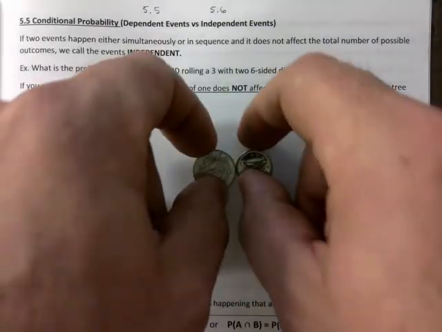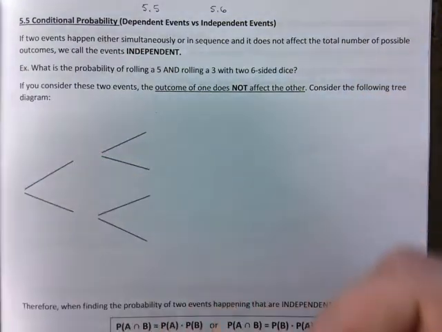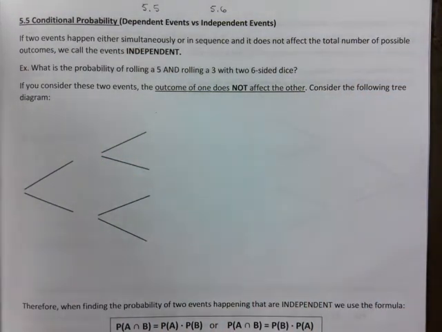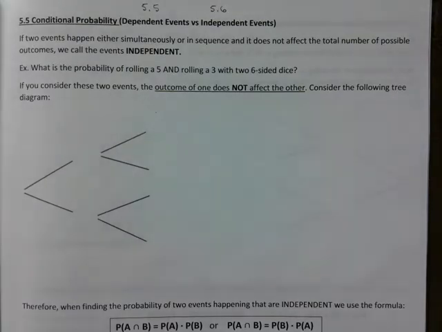Dependent events: I don't have a deck of cards on me, but if you're thinking of marbles or cards in a deck, if you take one out, like if I walk around and say, Isabel, take a card. As soon as she takes it and keeps it, she doesn't put it back, and I go over to Robert and say, hey, you pick a card. The probability has now changed, right?